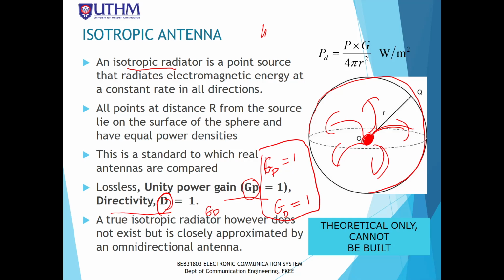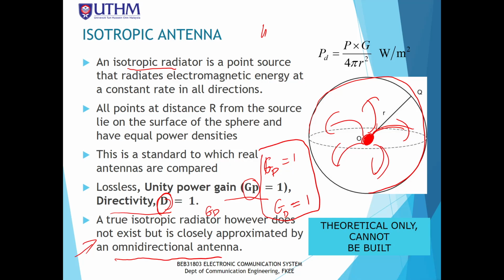A true isotropic radiator, however, does not exist. Dinyatakan di sini it does not exist, but it is closely approximated by an omnidirectional antenna. In the real world, we have the omnidirectional antenna, but its characteristics are not like the isotropic antenna. The gain of an omnidirectional antenna is not equal to 1.